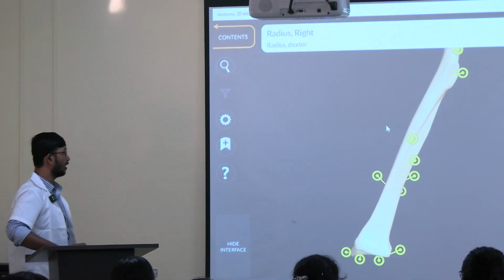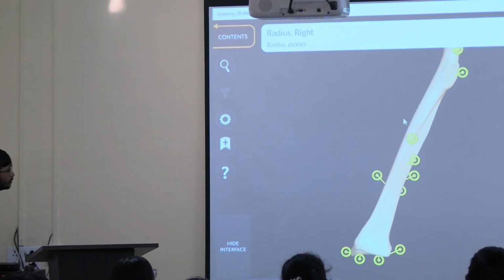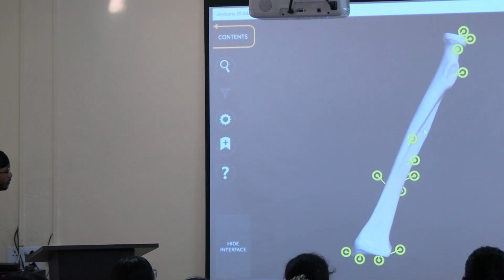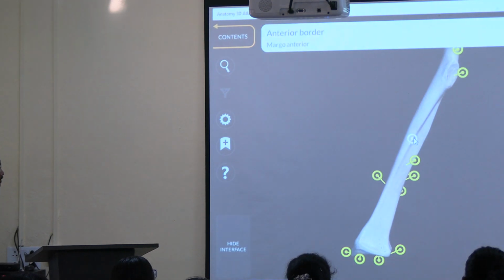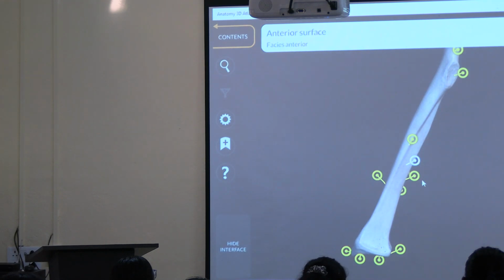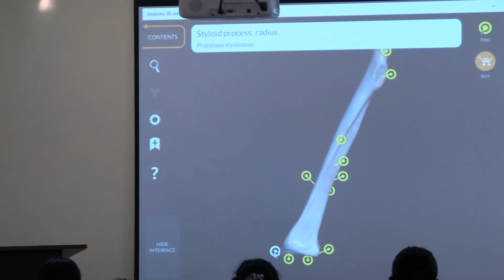So this is the anterior border, and this is the medial. This is the anterior surface, and this is the medial interosseous border. Then this is the styloid process.